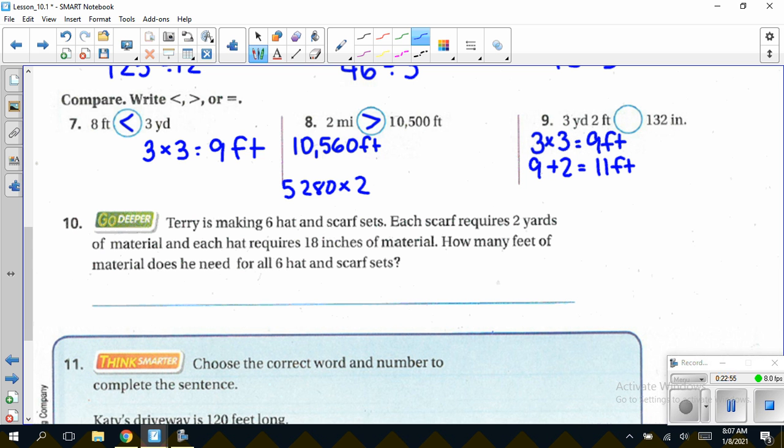Now I need to change that 11 feet into inches. So there are 11 feet times 12 inches in 1 foot. And basic math fact, 11 times 12, I know, is 132 inches. So therefore, I'm comparing 132 inches to 132 inches, which are equal to each other.